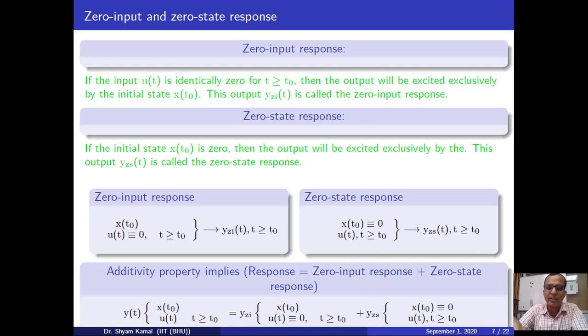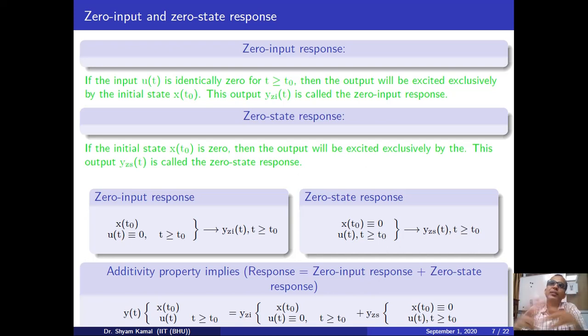First you put u(t) equal to 0 and measure the response. The second time you open all connections, reconnect, apply some input, and note the output.